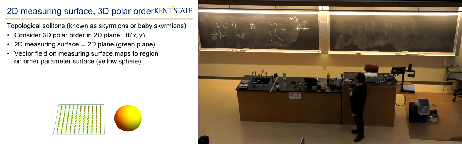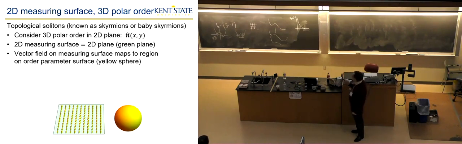So this is a picture of a three-dimensional polar order defined just as a function of x and y. Nothing depends on z. So your whole universe is the xy plane, and the measuring surface is also the xy plane.